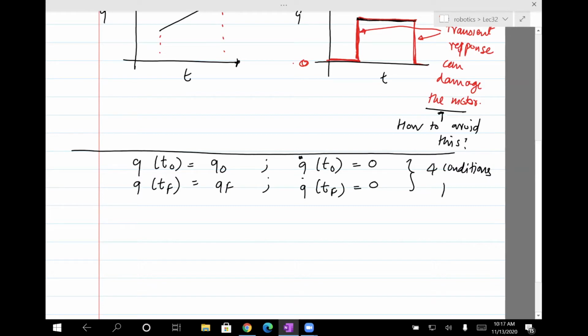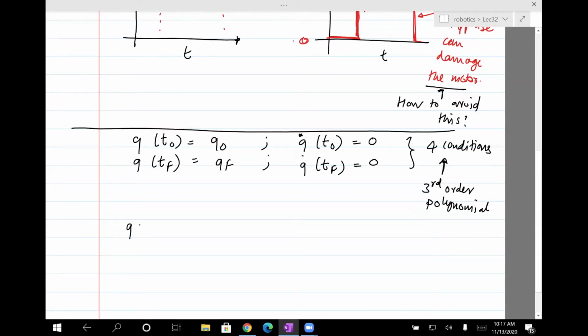So what we do is, in this case, we choose a third order polynomial, because a third order polynomial has four constants. So what does that polynomial look like? Well, it's q of t equals a0 plus a1t plus a2t square plus a3t cube.